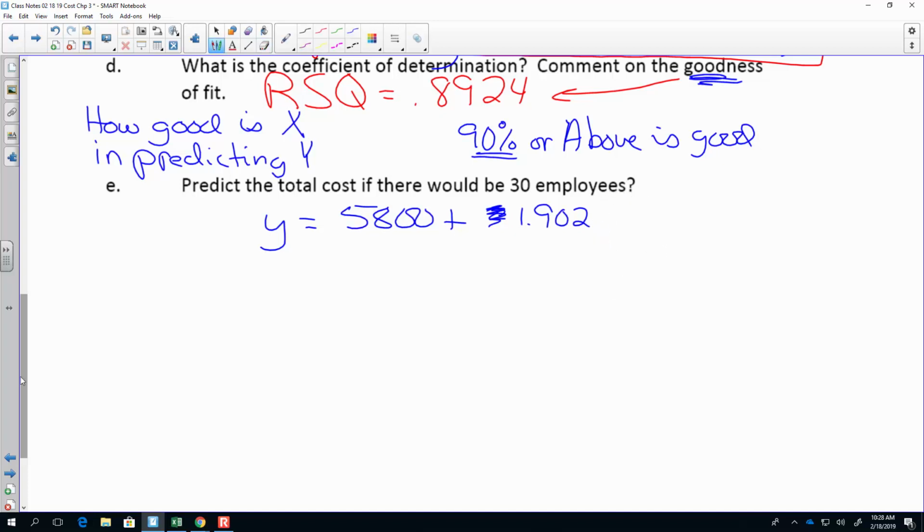Times X, which is 30. I think my calculator says, is that right?